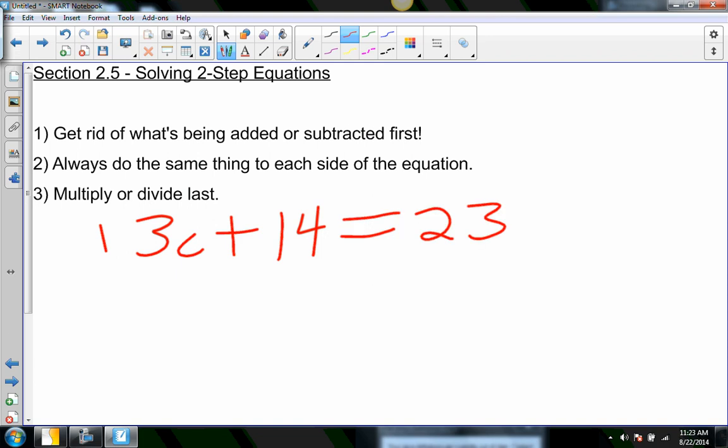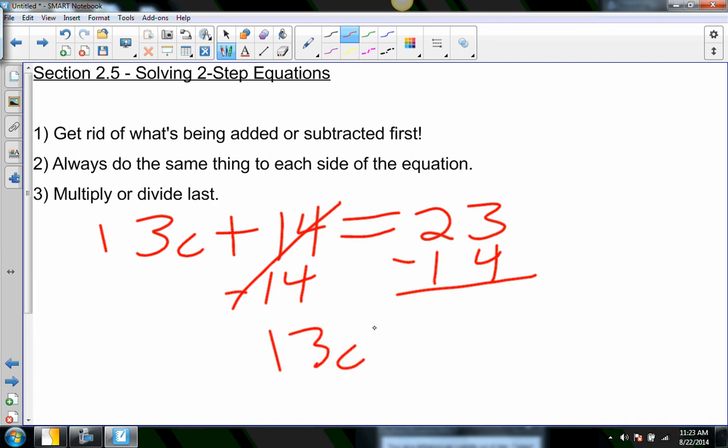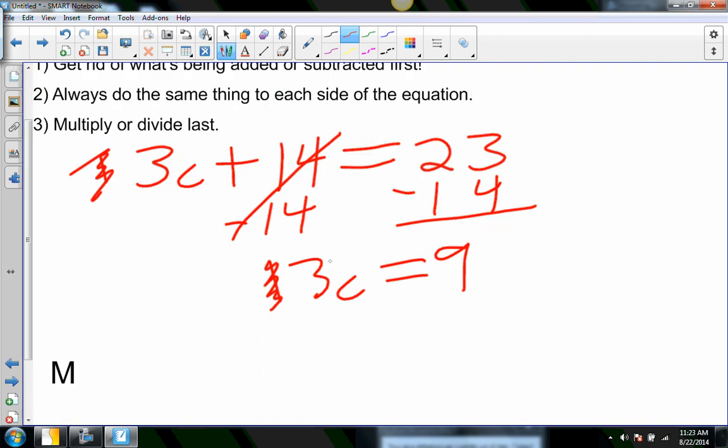So it's a plus 14, which means I'm going to minus 14 to get rid of it. You do the opposite. If I subtract it on the other side, I need to subtract it over here. Sorry, I didn't mean for that to be a 1. 3c equals 9. And then the last step is multiply or divide. So I have 3 times c, and so the opposite would be divide by 3. And so my c would equal 3.